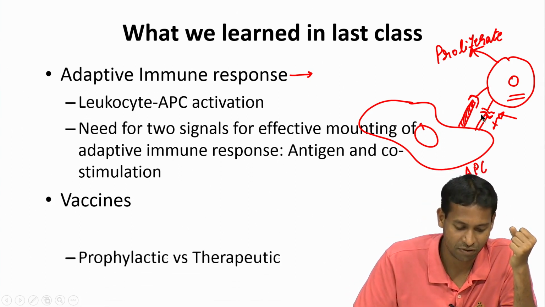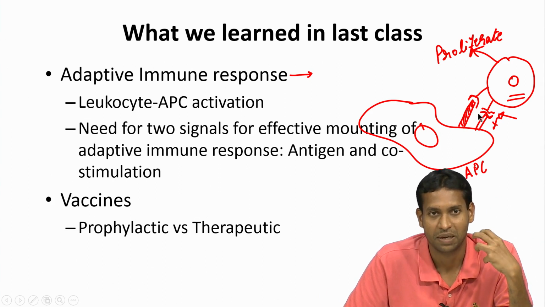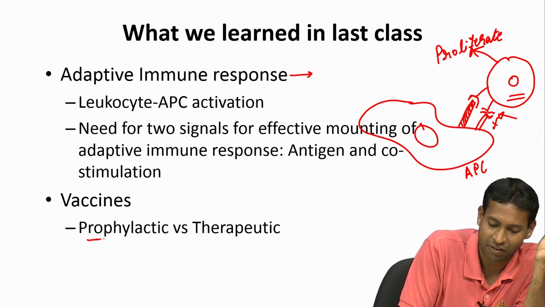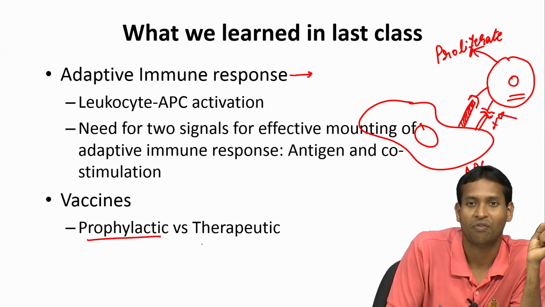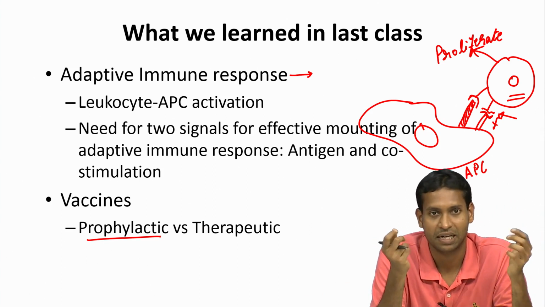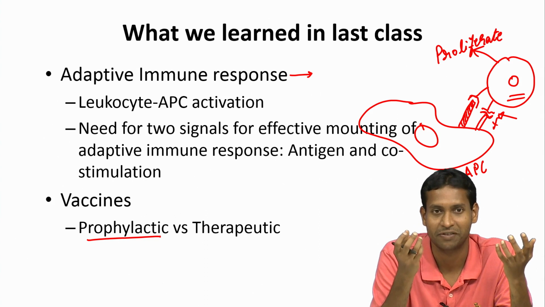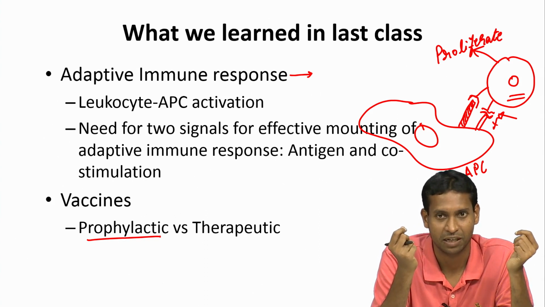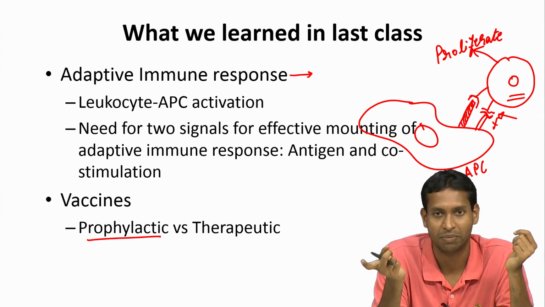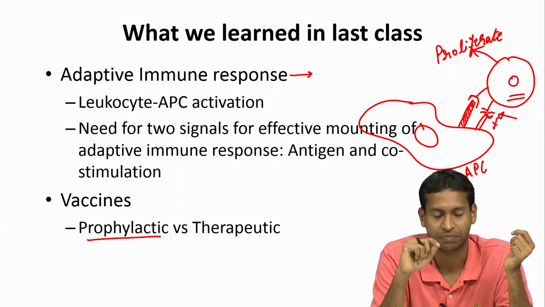So, in vaccines we discussed vaccine content and type on the basis of timing. We discussed that a prophylactic vaccine is something that is given before the disease has taken place, which is the most common scenario. We take polio vaccines, we take BCG vaccines, and these are given in anticipation that a baby may get a virus or a bacteria in future.